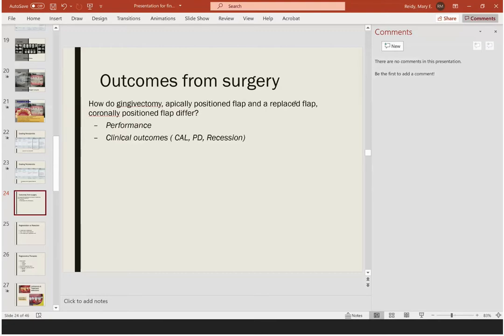And with the replaced flap and the coronally positioned flap, hopefully we won't see a great deal of recession, but all of them should attain pocket reduction, and we'll have a clinical attachment gain, hopefully with the replaced flap and the coronally positioned flap. We may have actual attachment loss with an apically positioned flap if we combine that with osseous surgery. Did all of that make sense?